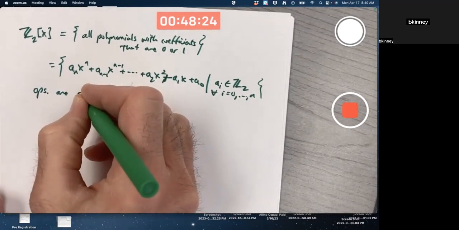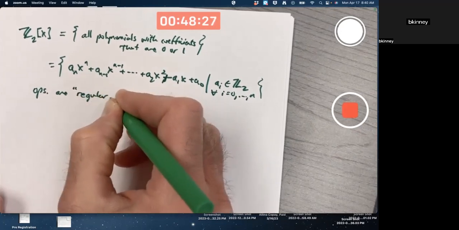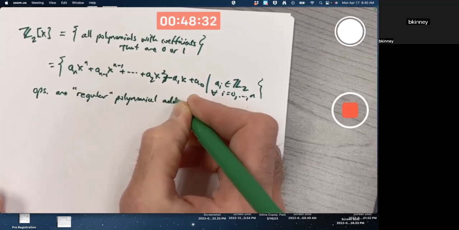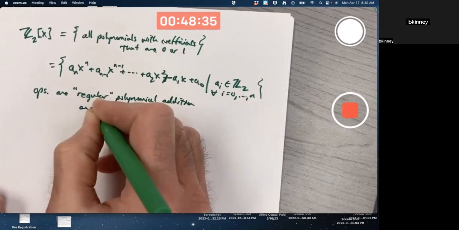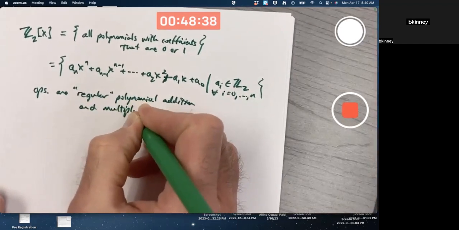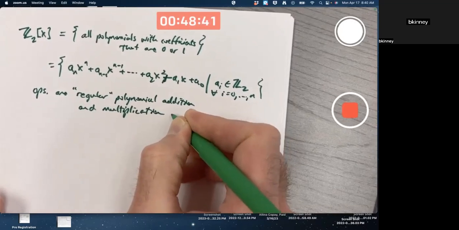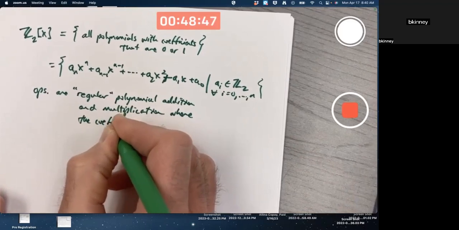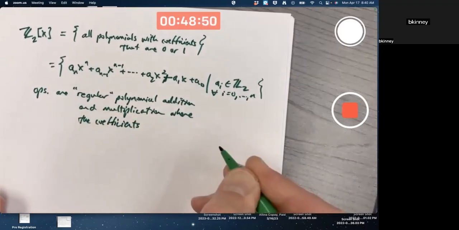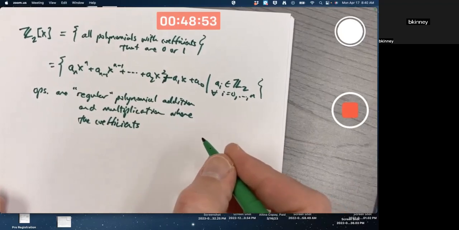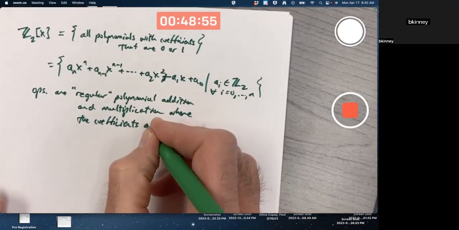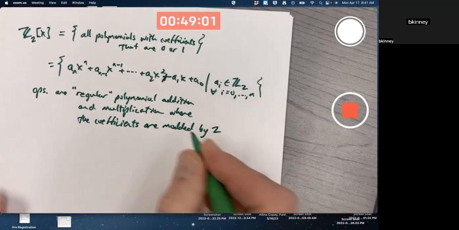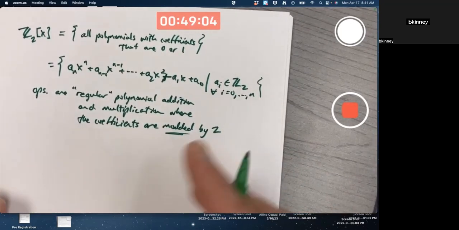The operations are quote unquote regular polynomial addition and multiplication, where the coefficients are simplified mod 2, or for shorthand, modded by 2. I'm not sure that modded is a word, but I'm using it.